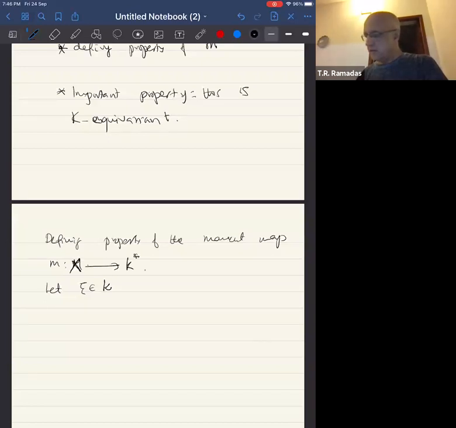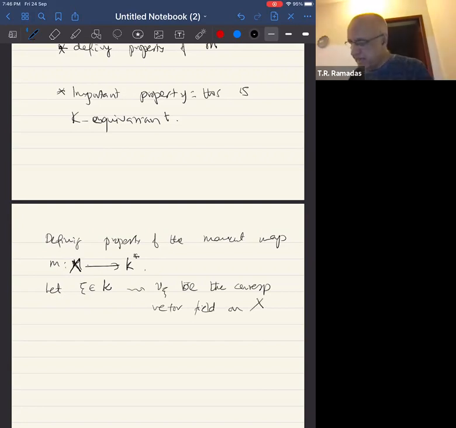So let V_psi be the corresponding vector field on X. On the other hand, so far the moment map has not come into play.